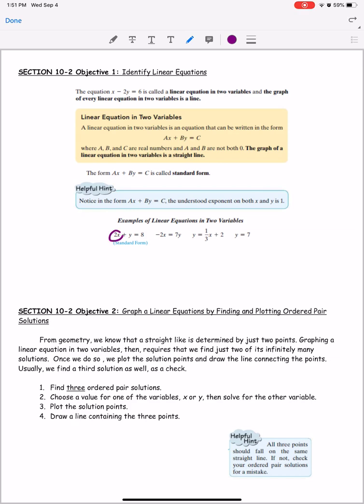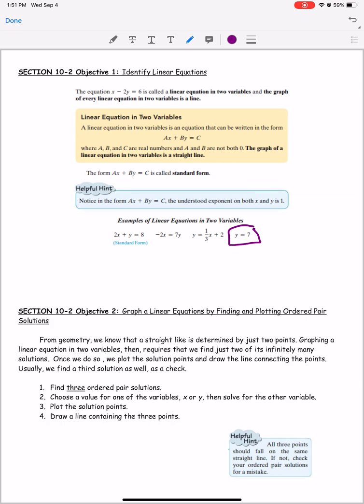Notice that you have an x and a y, even though on this one, they're on the same side of the equation. That's why it's called standard form. On this one, they're on opposite sides of the equation, but that doesn't matter. There's still an x, there's still a y, and they're both to the first power. Same thing here. You have an x, you have a y, all to the first power.